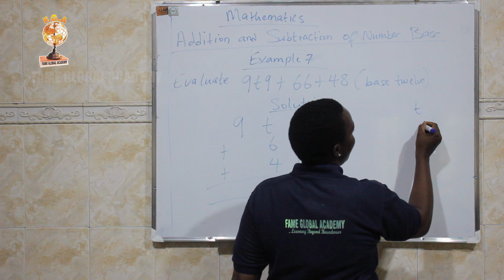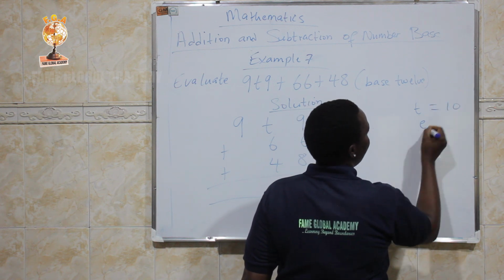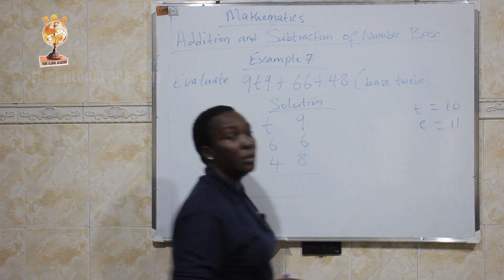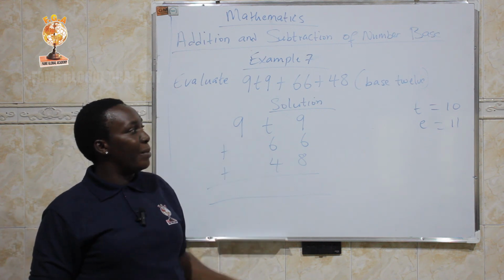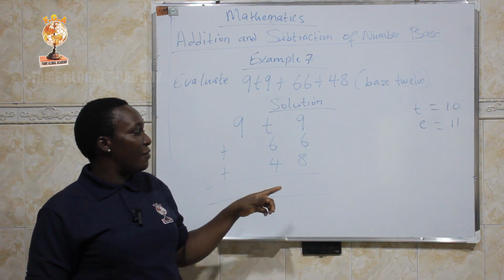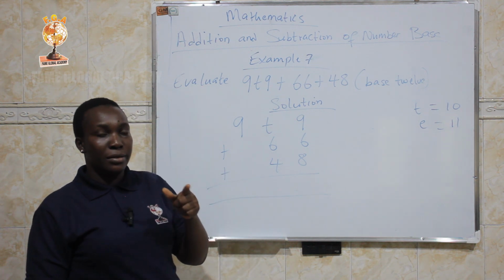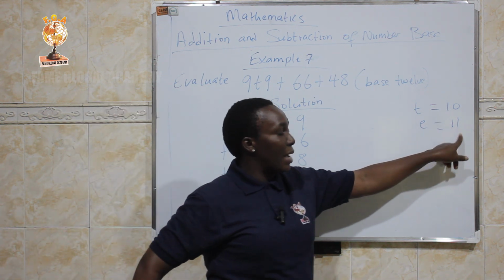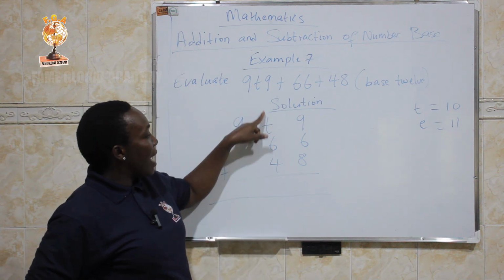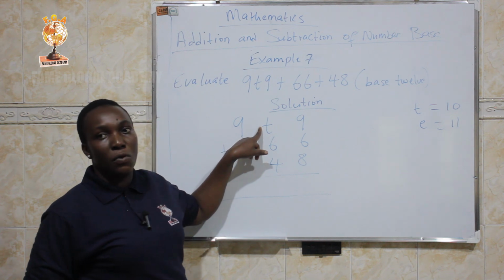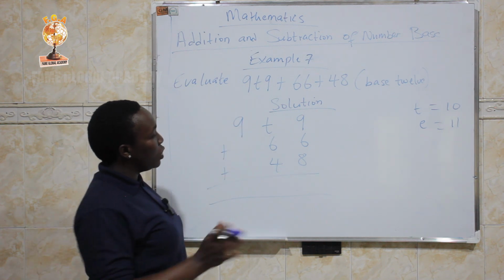Use T and use E. T stands for 10, E stands for what? 11. So by the time you multiply or you add any binary number and you're having answer as 11, you write it as E, not 11 in the number. Okay, so this T here you are seeing means 10. So when we are adding, know that this T stands for what? 10. Okay, so let's add.